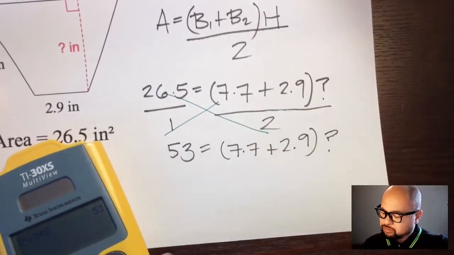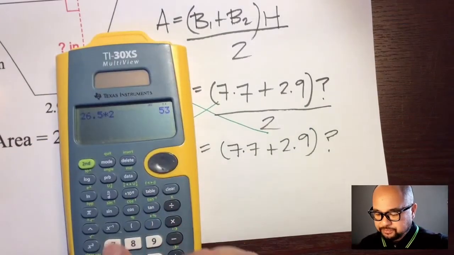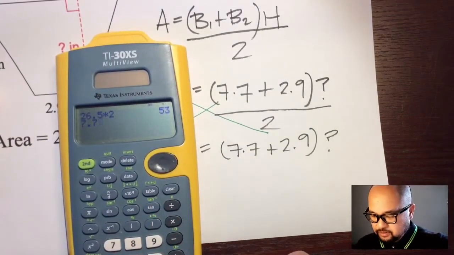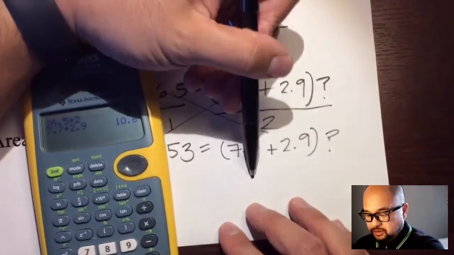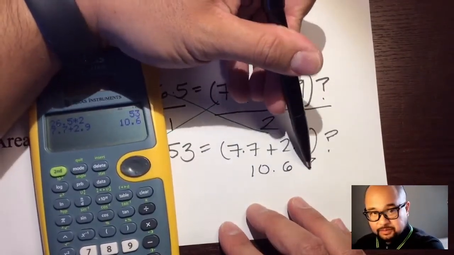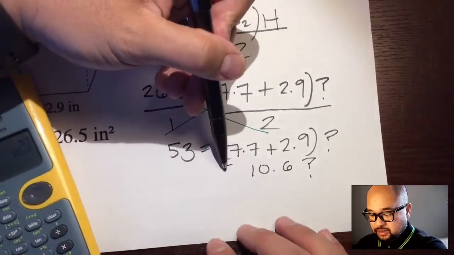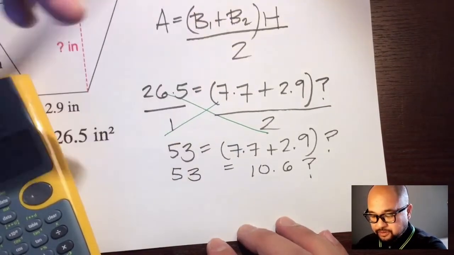Now let's do what's inside of the parentheses. 7.7 plus 2.9, which is 10.6, times question mark equals 53.